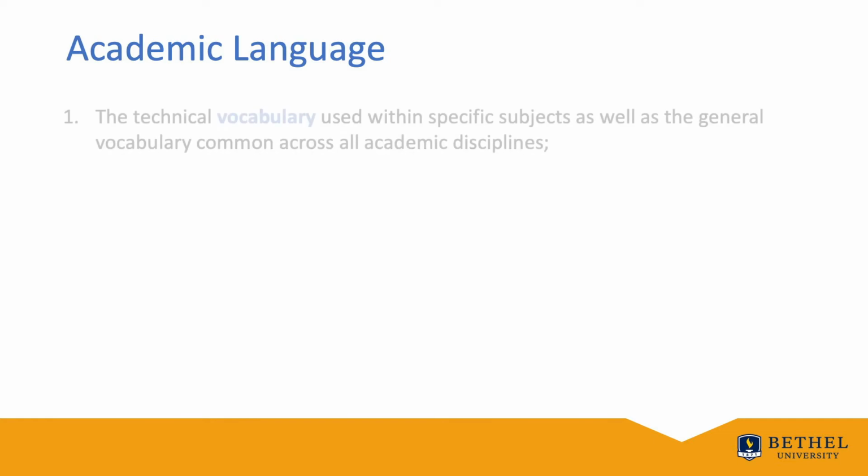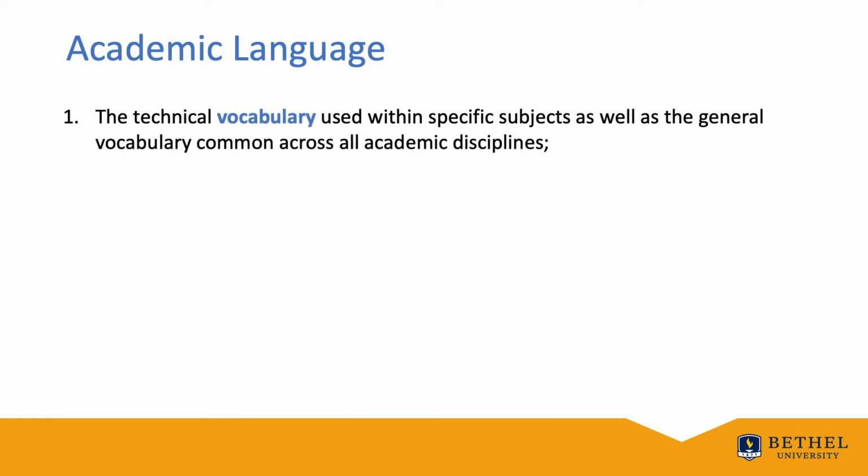More specifically, academic language expresses technical vocabulary, which we'll learn is expressed as Tier 3 or brick words that are used in specific subjects, and general vocabulary, which we will learn to label as Tier 2 or mortar words, which are common across all academic disciplines.